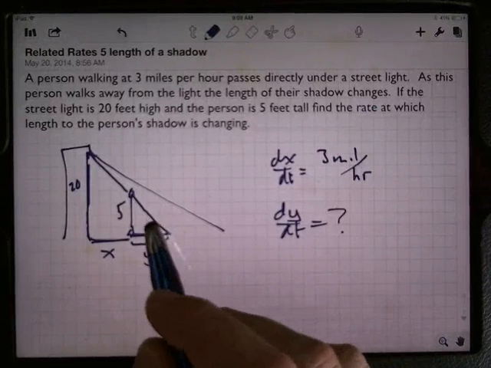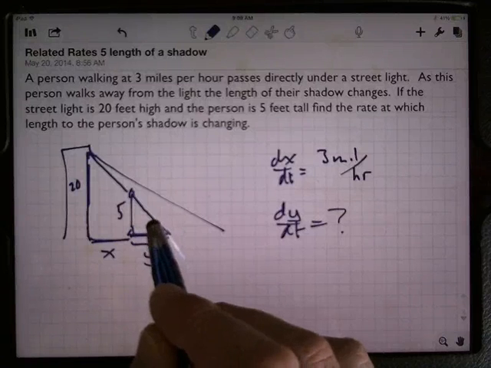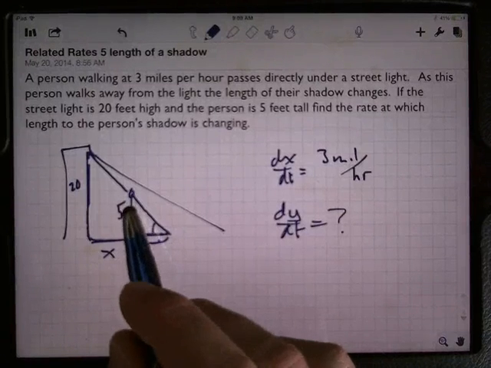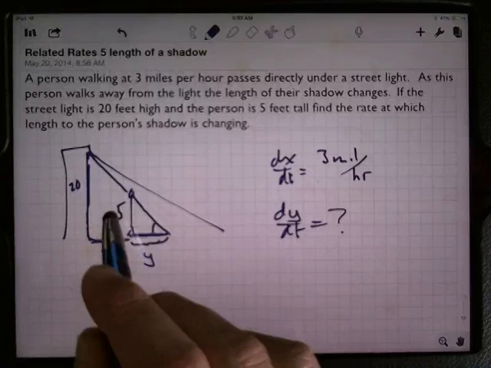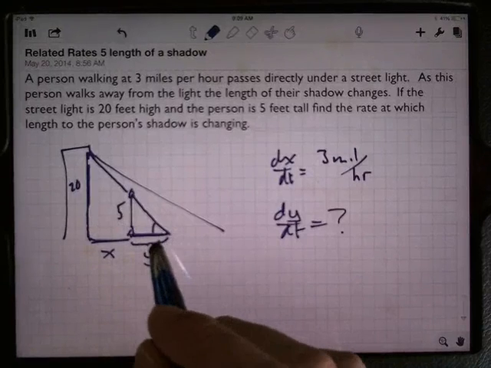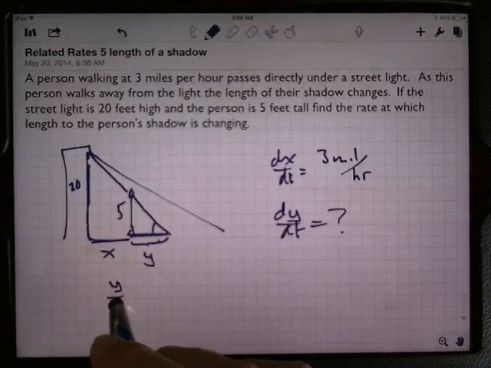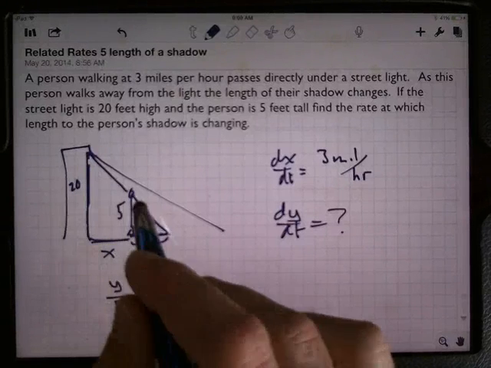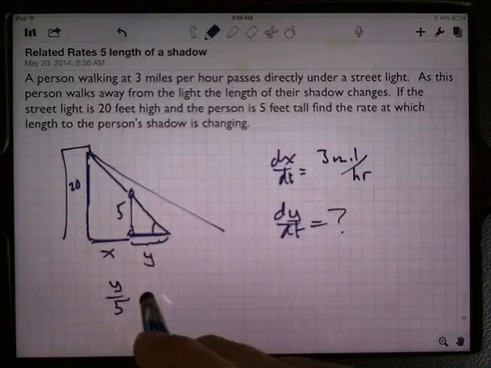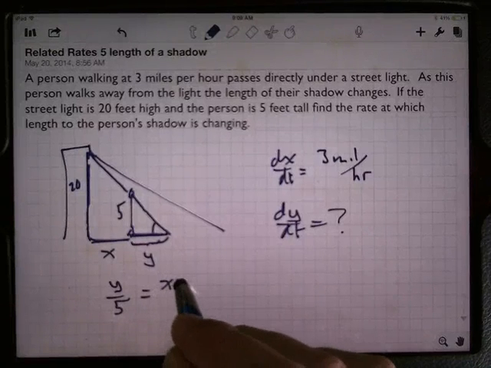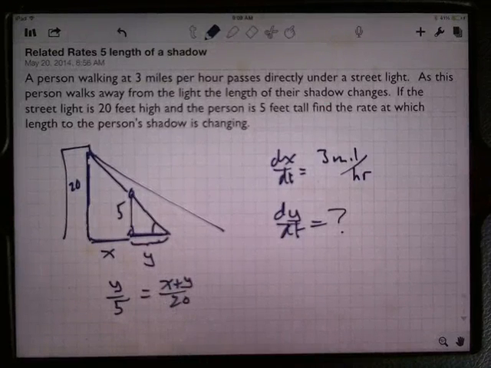You can think of that in terms of this angle right here. If I look at the cotangent of this angle, it is y over 5. But from the point of view of the big triangle, the cotangent of the angle is (x plus y) over 20.